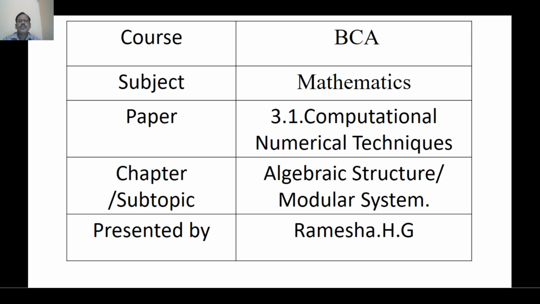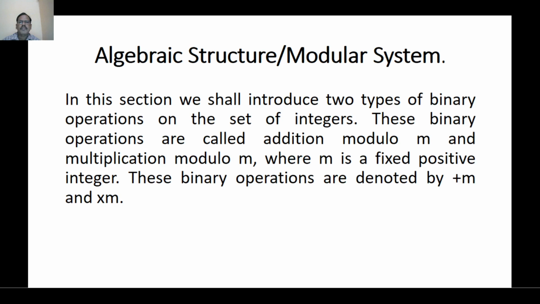Today I am going to explain a special type of algebraic structures, that is groups, in particular modular systems. In previous classes, you know what groups are, what their properties and examples are. So modular systems are also groups with a special binary operation applied on the set of all integers.